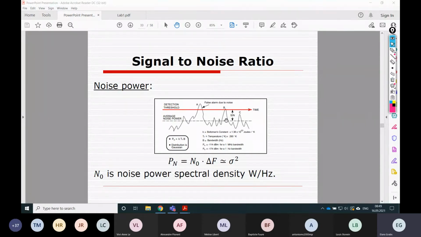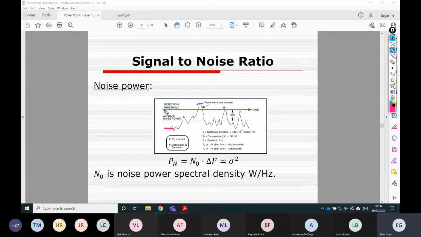Again, this is important only because noise can be random. At some points noise can be very small, at some points noise can be very strong. We have an average noise power level, and we use that, but it's important to understand that the noise sometimes can be greater than this average value.